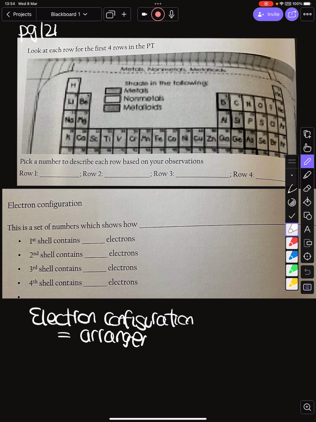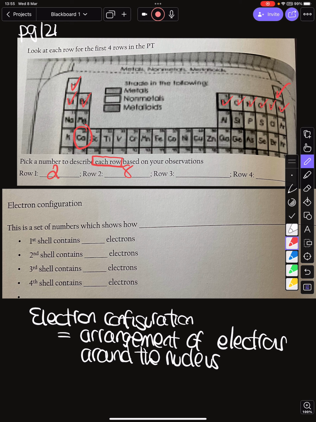The first one we're going to look at is calcium. If you look at each row in your periodic table, it tells you how many electrons are in each shell. In row 1, I've got 1, 2 here, so I write 2 here. In row 2, I start counting: 1, 2, 3, 4, 5, 6, 7, 8.